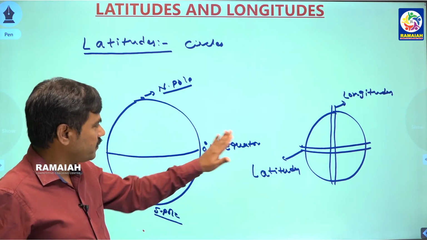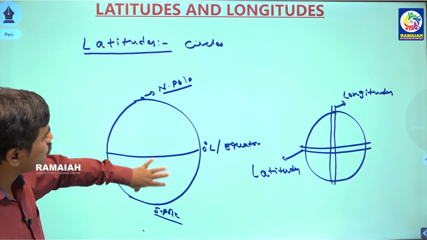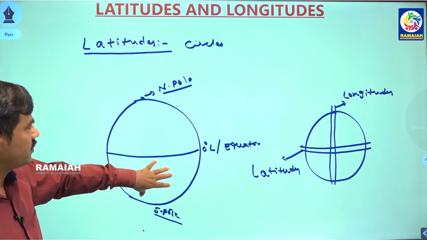By the equator, or 0 degree latitude, the earth surface is divided into two equal parts.